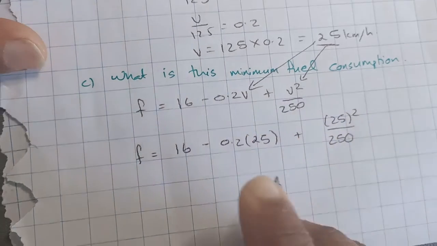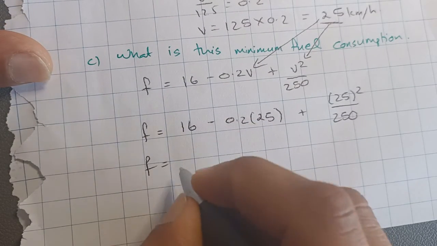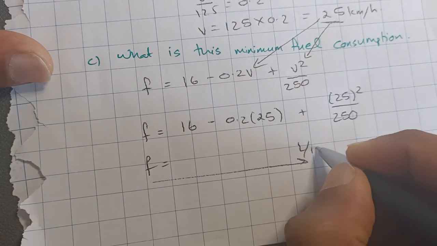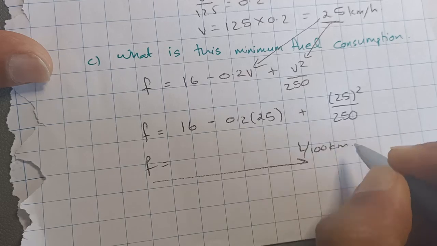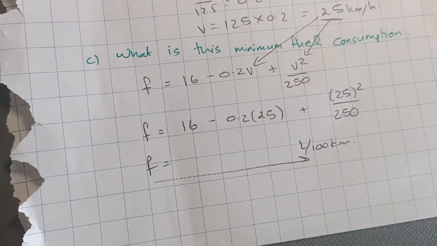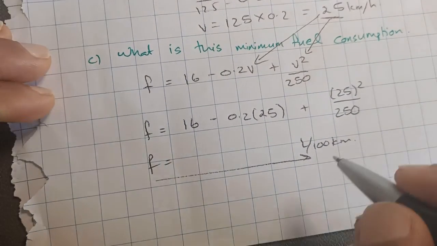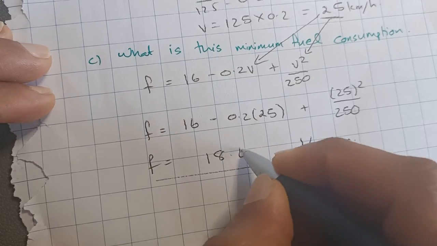We put that in a calculator, and that's our answer in liters per 100 kilometers, which comes to 18.45.